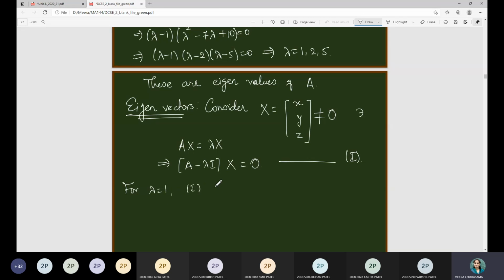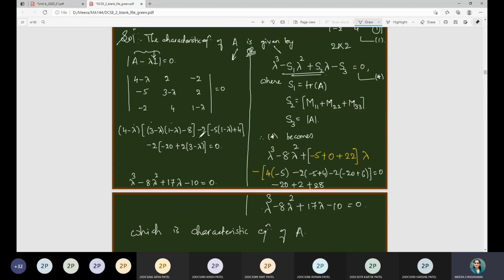So what will happen? Putting the value of lambda as 1, wherever we found A minus lambda I, lambda will become 1. So this will become 4 minus 1, that is 3, 3 minus 1, that is 2, and 1 minus 1, 0. The rest of the entries will remain as they are, right?